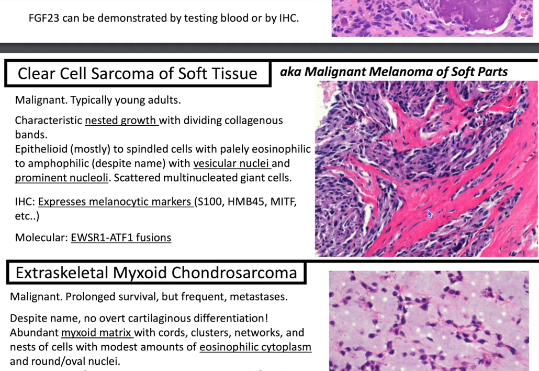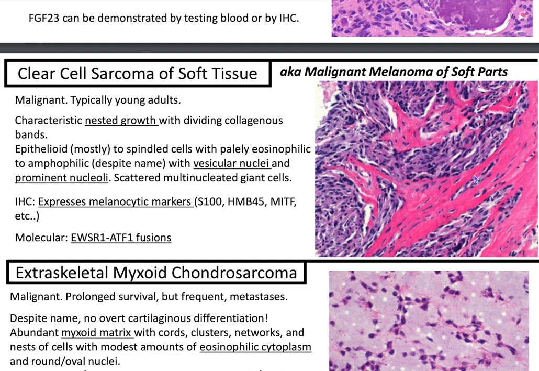Clear cell sarcoma of soft tissue, aka malignant melanoma of soft parts. These are malignant, typically in young adults. It's characteristic nested growth with dividing collagenous bands, as you can see here. And cytologically, you'll see epithelioid, mostly to spindled cells, with palely eosinophilic to amphophilic cytoplasm.